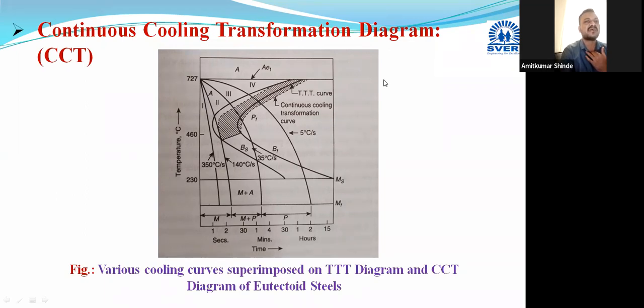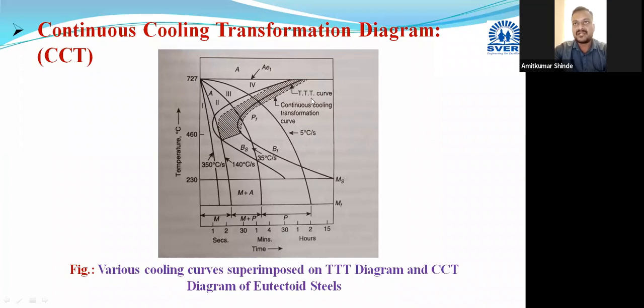The CCT diagram for eutectoid steels is shown. I have collected this diagram from the V. D. Kodgire book; you can refer to that book. Here in this diagram you can observe the darker curve, which is the TTT diagram.